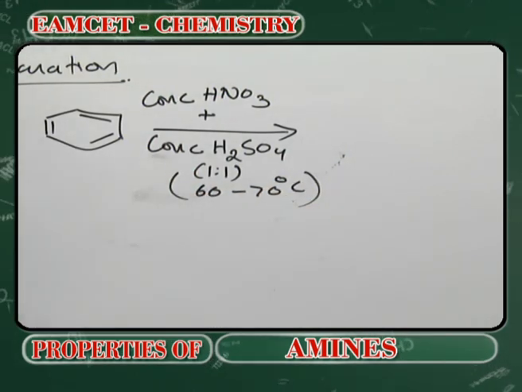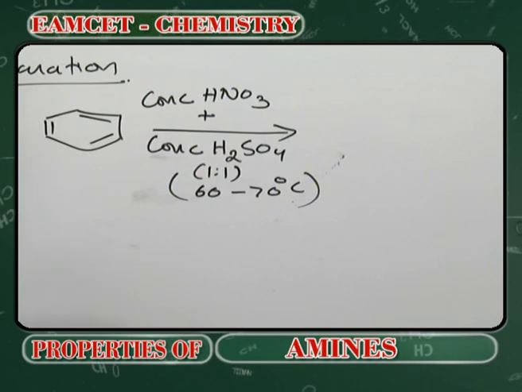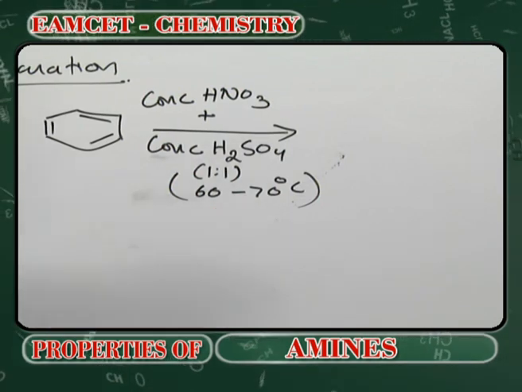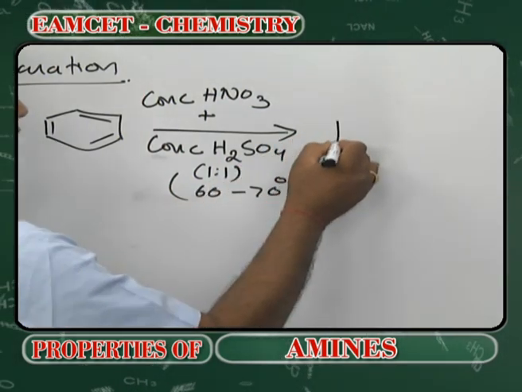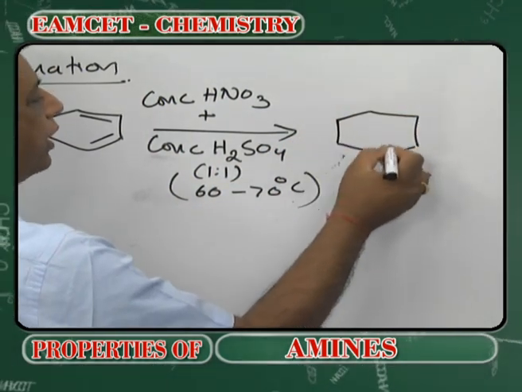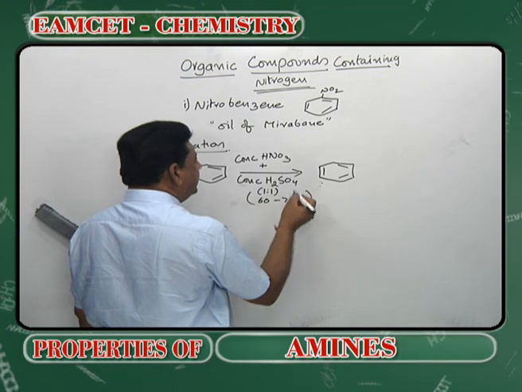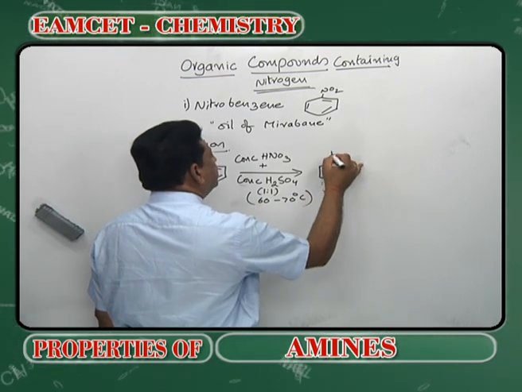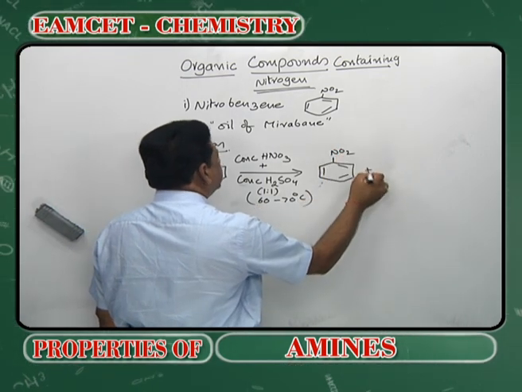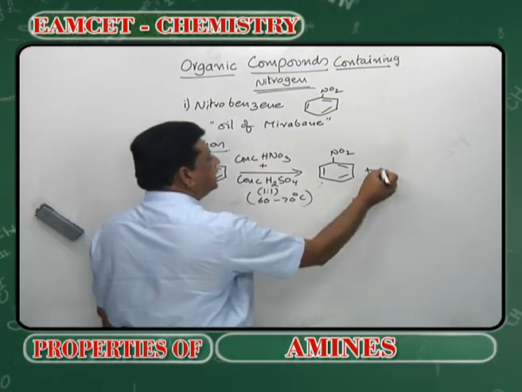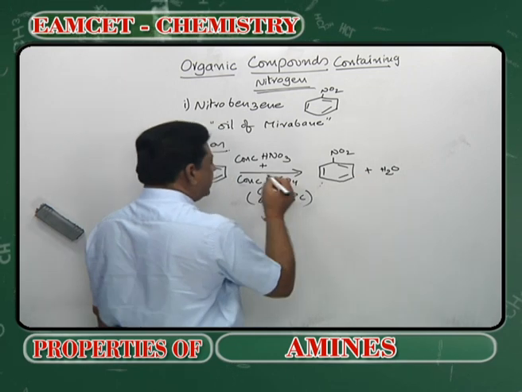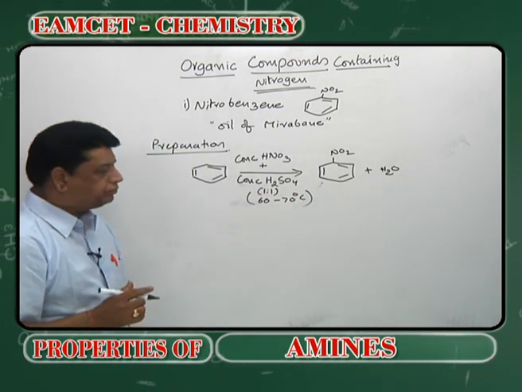The temperature is very crucial here, because if you go beyond 70, the product formed, nitrobenzene, once again undergoes reaction and gives a dinitro product. Therefore maintaining 60 to 70 degrees is a must. In nitric acid, the OH and the H are eliminated as water. Sulfuric acid is only a catalyst.